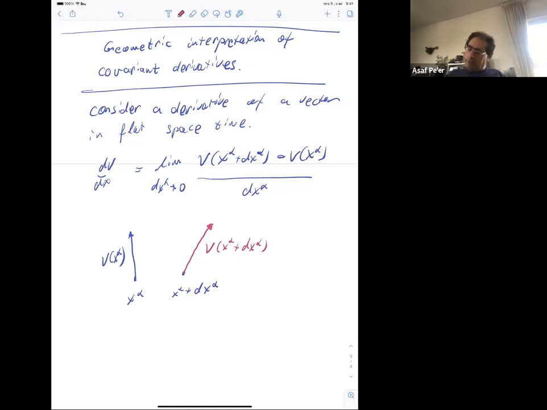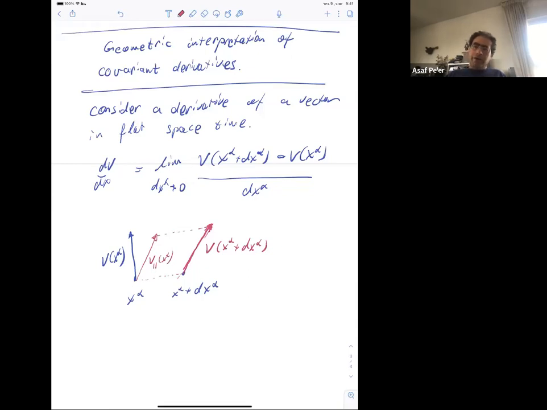What we do is called a parallel transport. So we take this vector and we just transport it parallel to itself back to the point x alpha. So this is V parallel at x alpha.